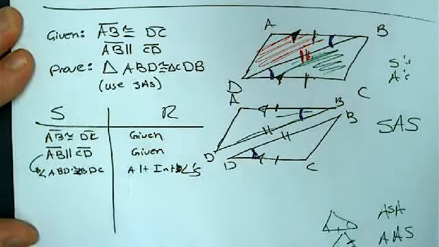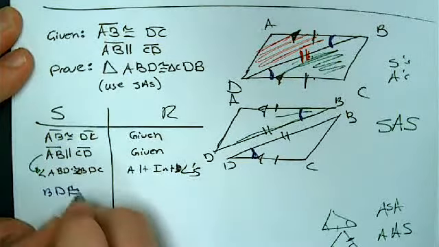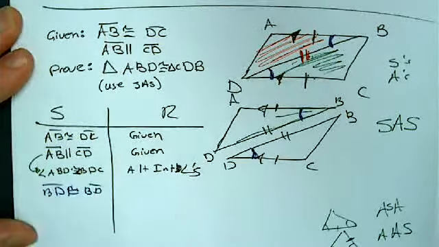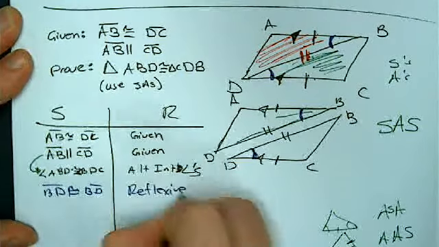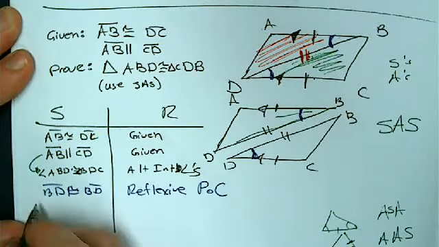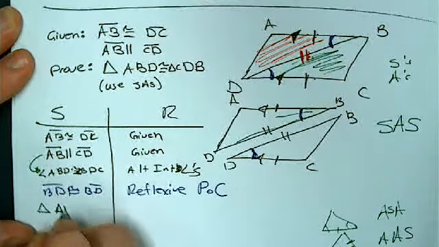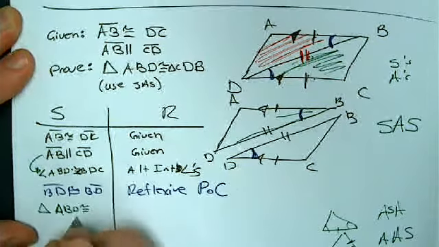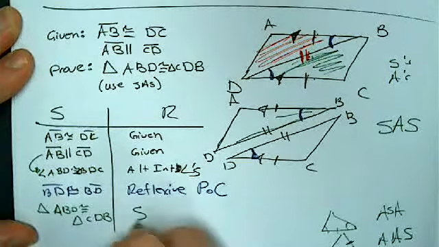We also introduced fresh to the picture that BD was congruent to itself by the reflexive property. And now my last step, triangle ABD is congruent to triangle CDB by side angle side.